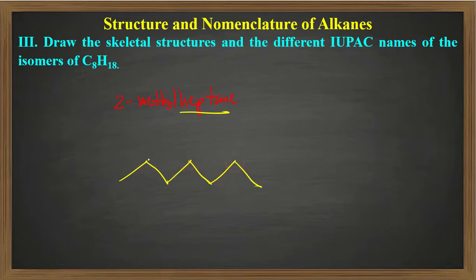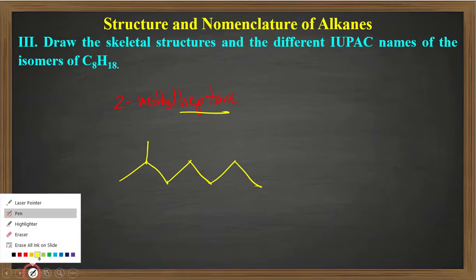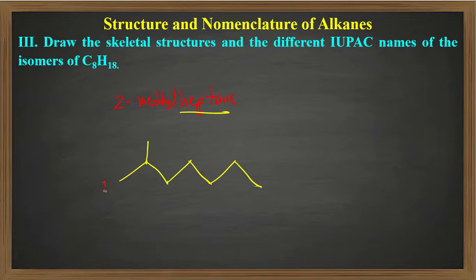And this will be carbon number 2 here. So, this will be 2-methyl heptane. So the 8th carbon atom is the methyl. C8H18. That is 2-methyl heptane. The next one, let's move the methyl to carbon number 3.